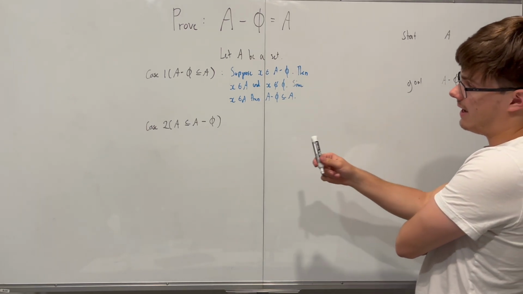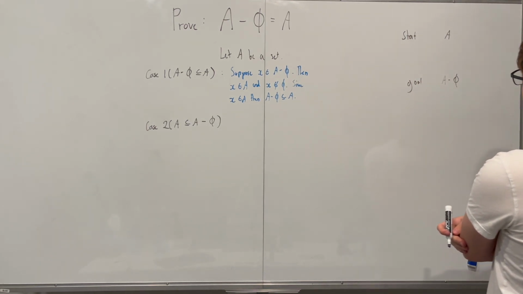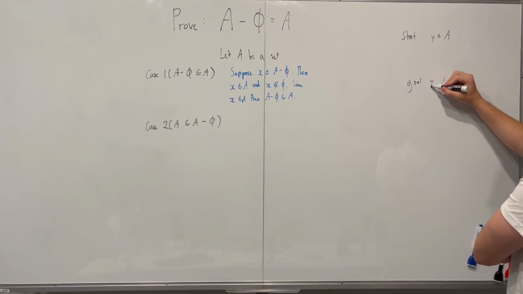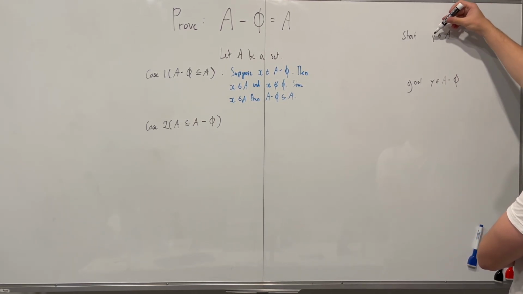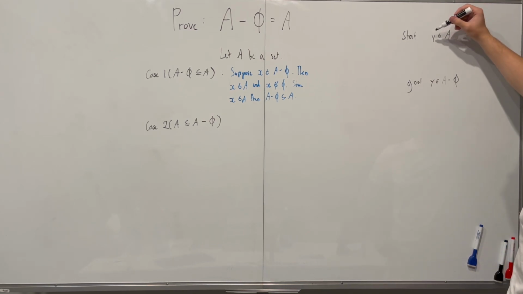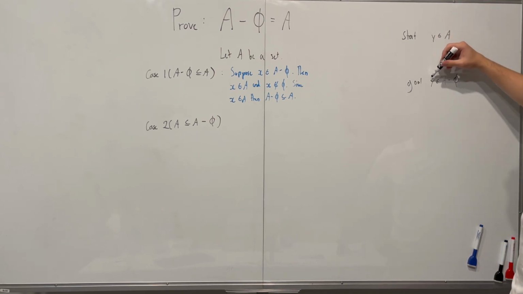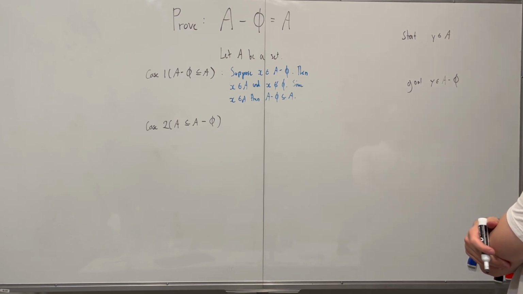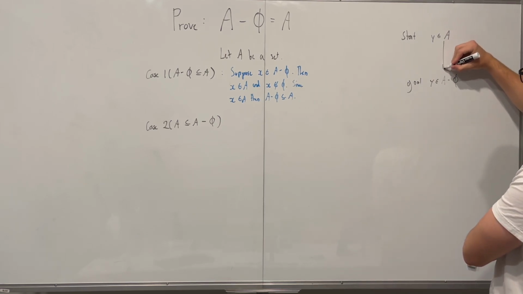To show that A is a subset of A minus the empty set, we have to show that any variable y in A is also going to appear here, right? If y represents all the elements in A, then if we can show that y is in here, then all the elements here can be in here, which makes this a subset of that. Okay, so y being an element of A, then I think you can actually immediately jump to here, right?